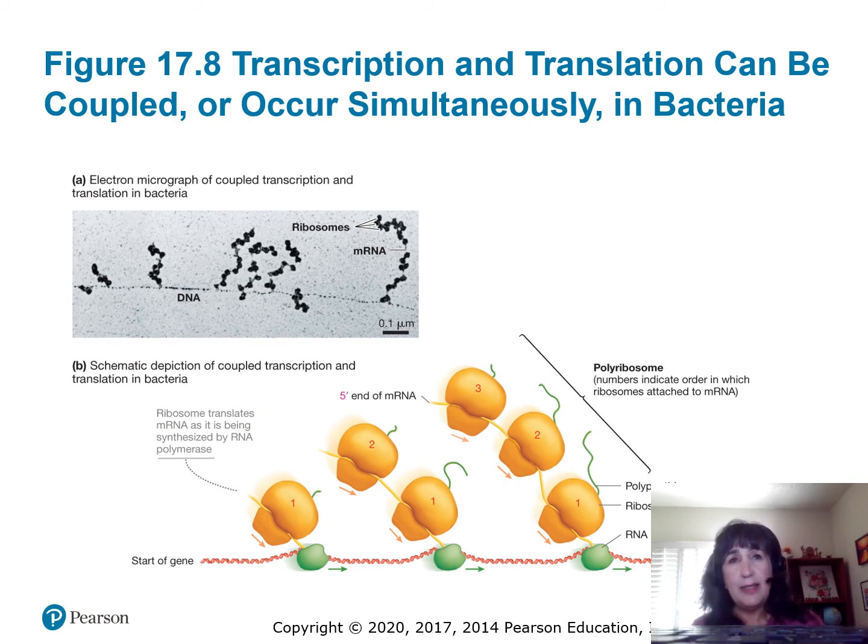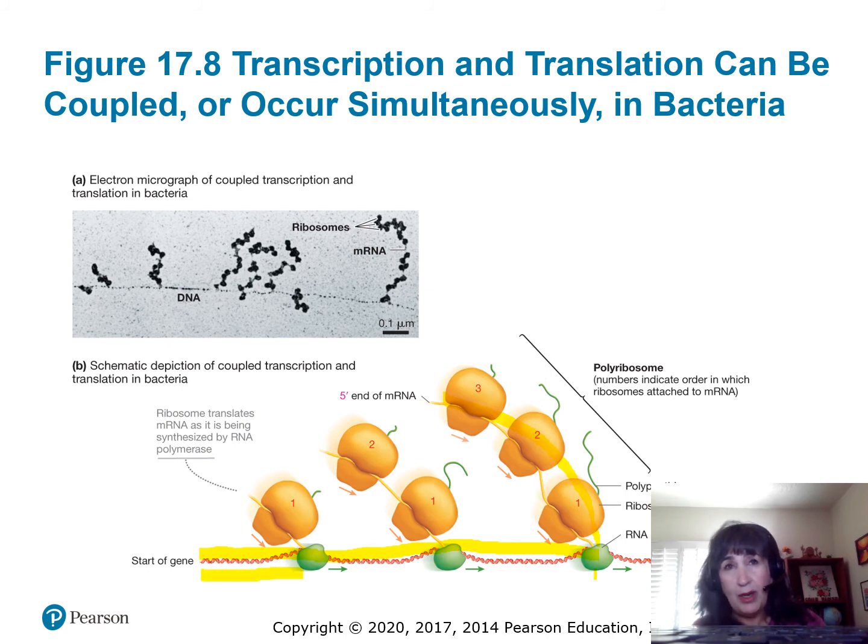So let's see here, the trunk of the tree is actually DNA. And these little green things that you see here running through are actually RNA polymerase. Okay, so this one starts here and actually goes all the way to here. And that is why this branch is so long. This one over here actually started at the beginning.